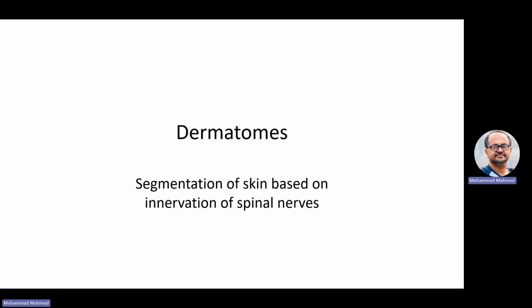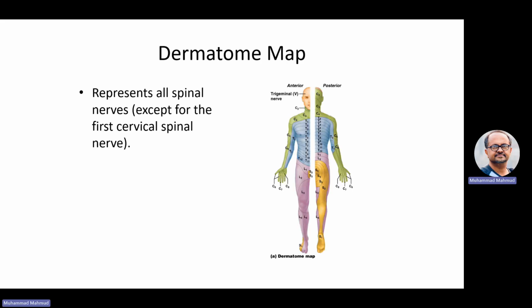Now, the next topic is dermatome. Derma, we know dermat means skin. So segmentation of skin based on innervation of spinal nerve. What is that? You see in this colorful picture that every part of the skin, it is connected.